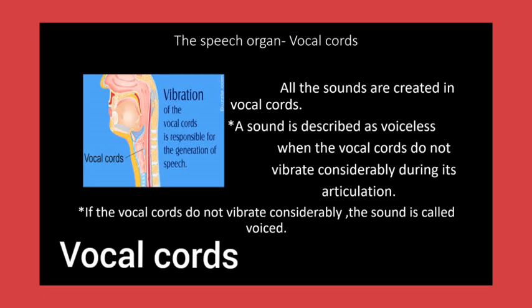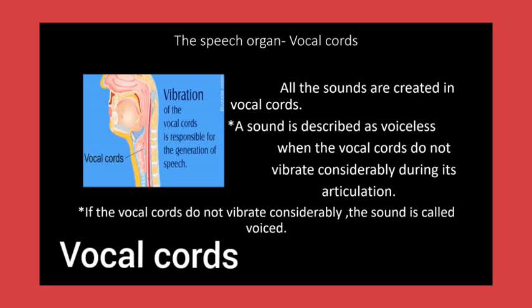Remember, we can't see its movement with our naked eye. They are the most flexible organs. When I am talking at this particular pitch level, in order to create the sounds which I am articulating now, the vocal cords vibrate, they move for 800 times per second.